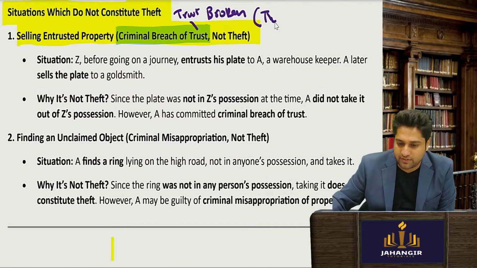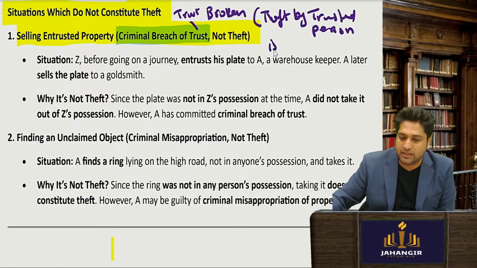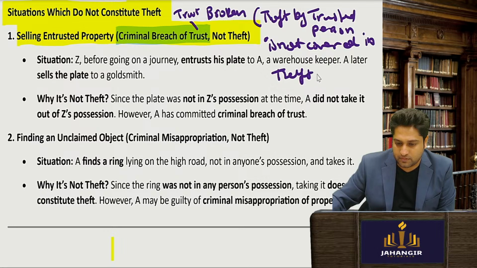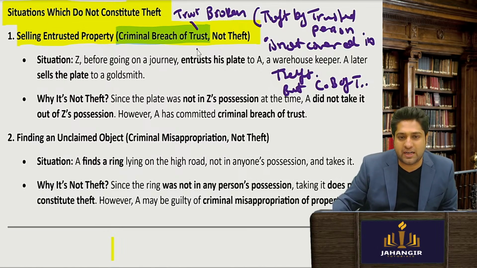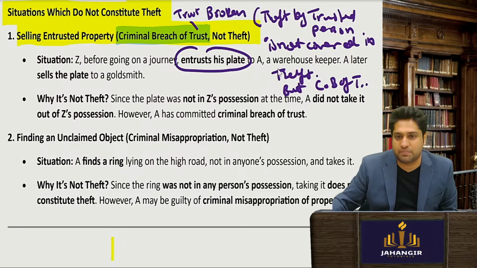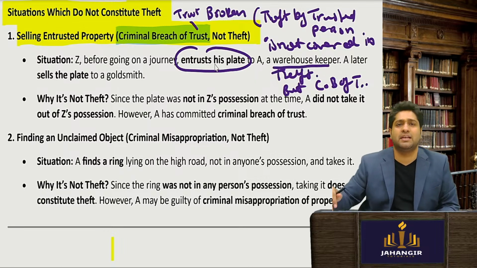So theft by a trusted person is not covered in theft, but in criminal breach of trust. Clear till here? So that is why when you entrusted someone, say a warehouse keeper, I gave the warehouse keeper the goods and then he stole.